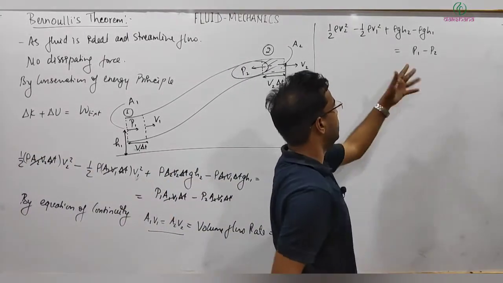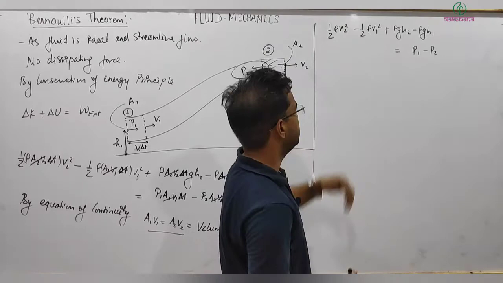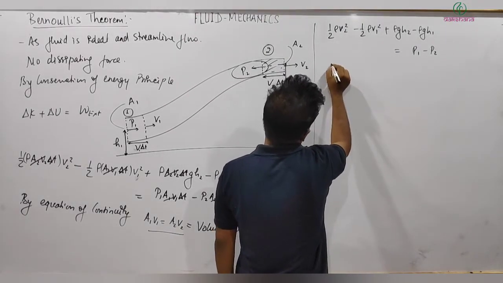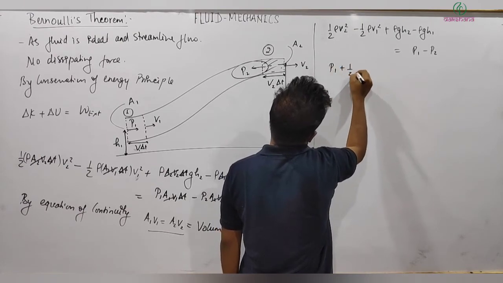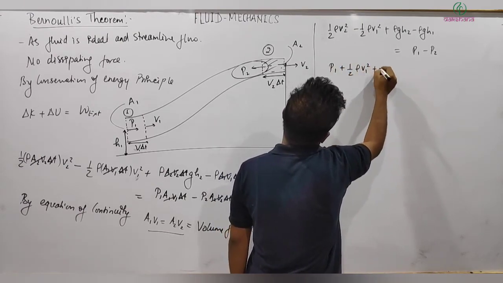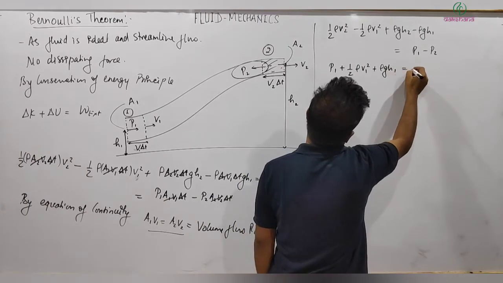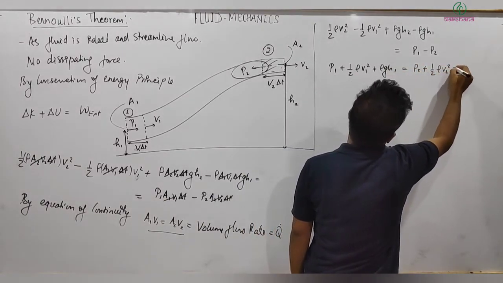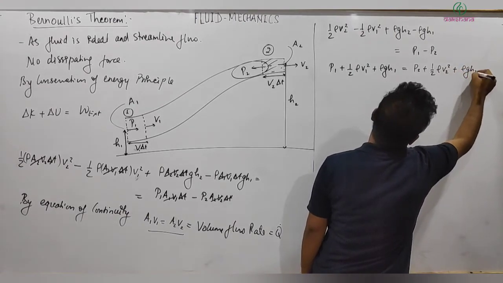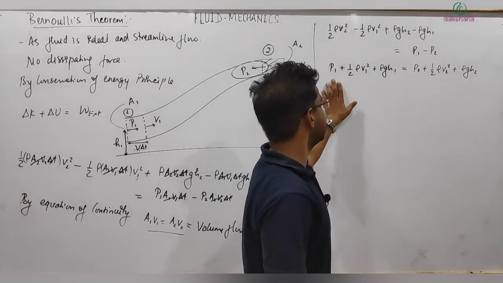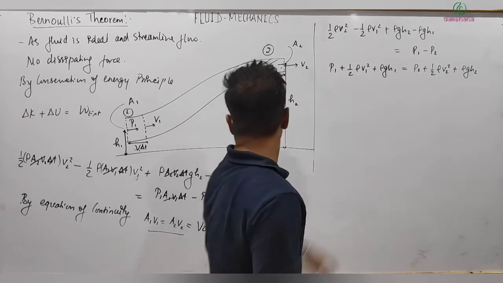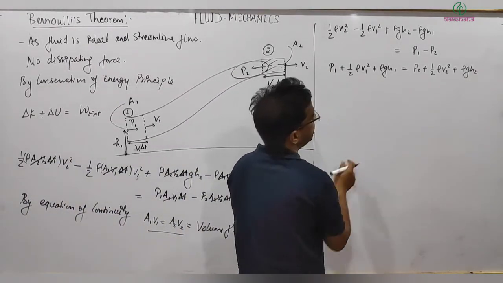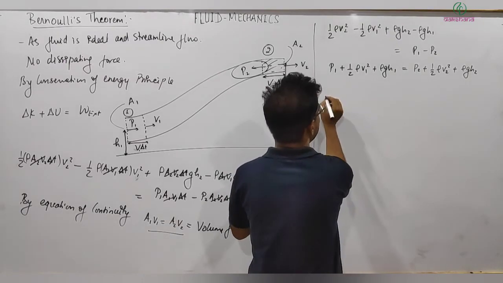Let me rearrange all the terms related to point 1 on one side and those related to point 2 on the other side. So this is P1 plus half rho V1 squared plus rho g H1 equals P2 plus half rho V2 squared plus rho g H2. This is energy per unit volume. Here we can divide by rho g.